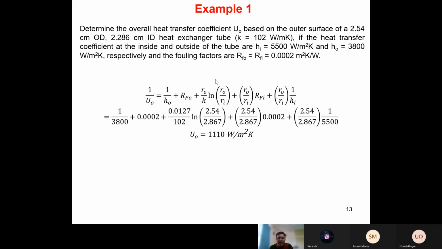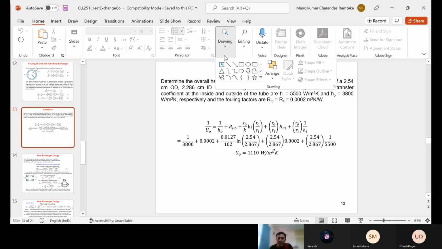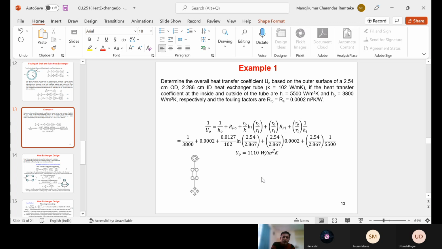So for clean heat exchangers, the overall heat transfer coefficient U0 is 2444 watt per meter square Kelvin.